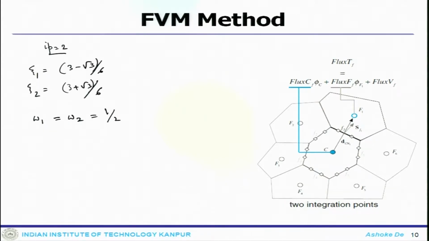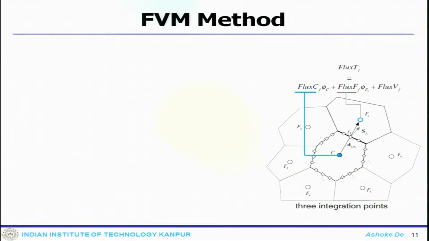Now I have two integration points, so the weighting function would be half and half, and this xi1 and xi2 dictate the distance from one particular point to F1 and then the other side F2. So, they are the distance.